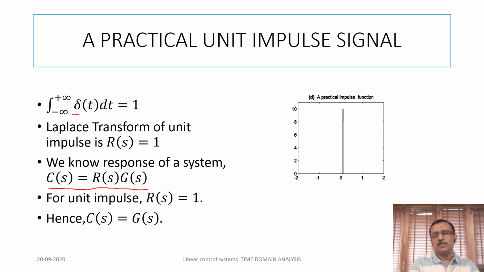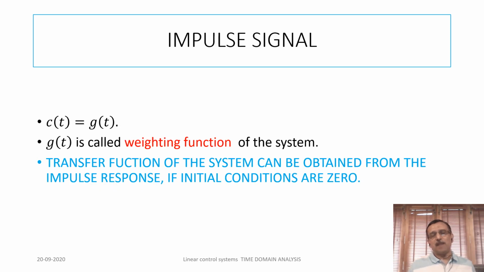Therefore, C(s) is equal to G(s). Isn't it great? And if you take the Laplace inverse of C(s), you will get c(t), which is g(t). So g(t) is sometimes called the impulse response function also.